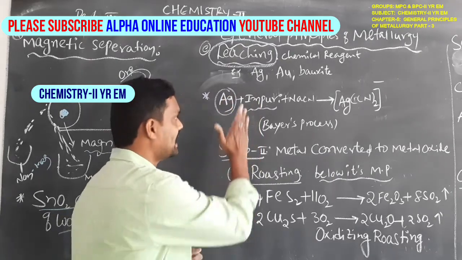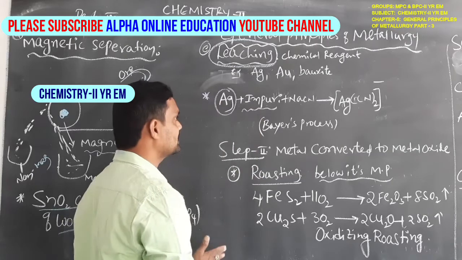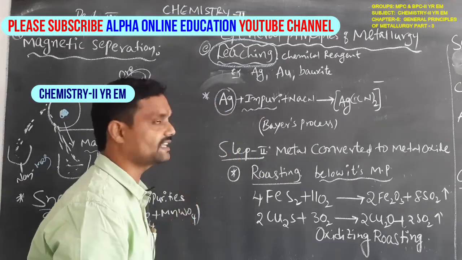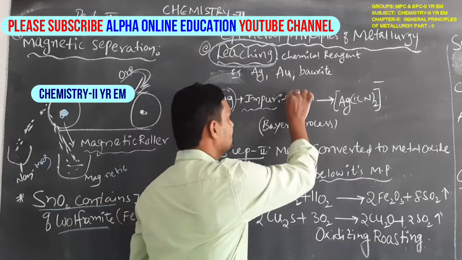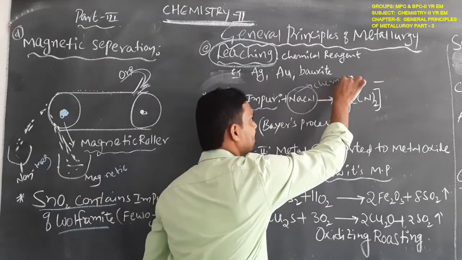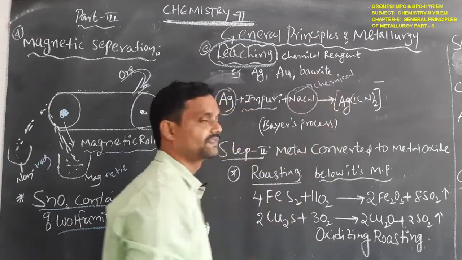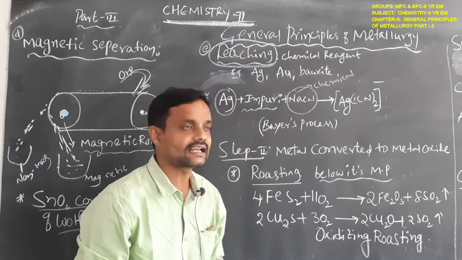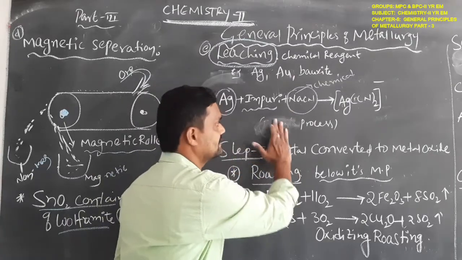Okay students, the impurity can be separated from silver. So, in the leaching process we use a chemical reagent. Sodium cyanide acts as the chemical reagent. Okay students, sodium cyanide acts as a chemical reagent.